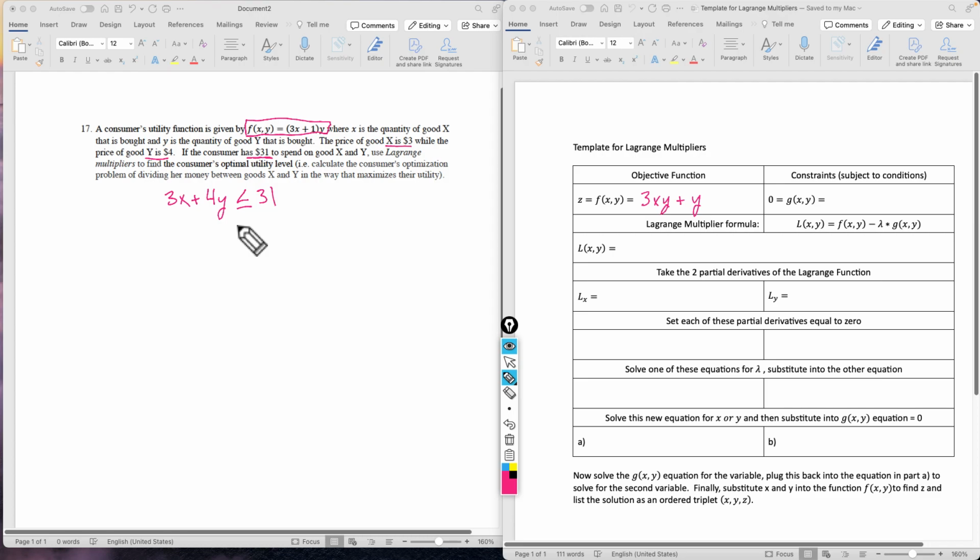So that's the constraint we're working with. Obviously x is going to be greater than or equal to 0, so is y. You can't buy negative things, but all we need is the one constraint for that.